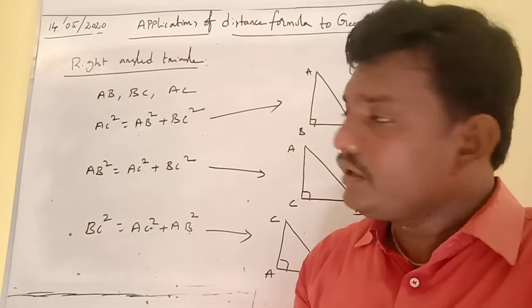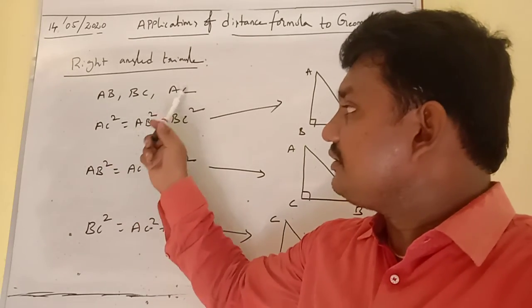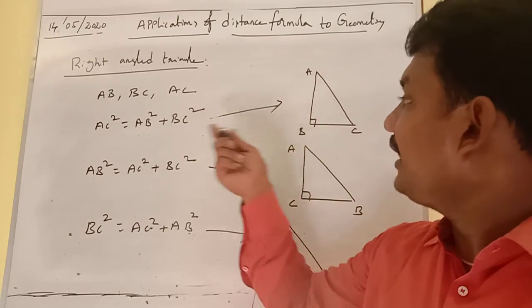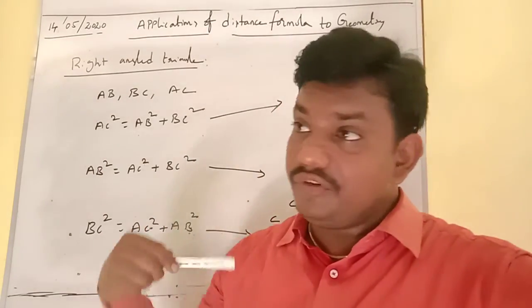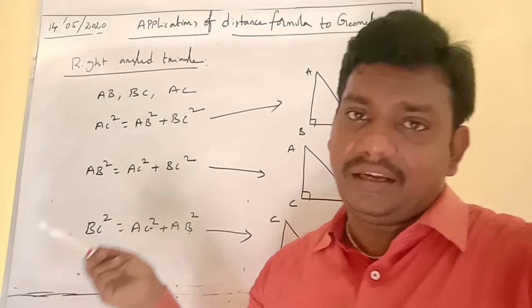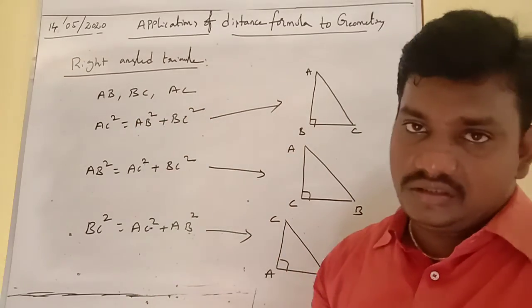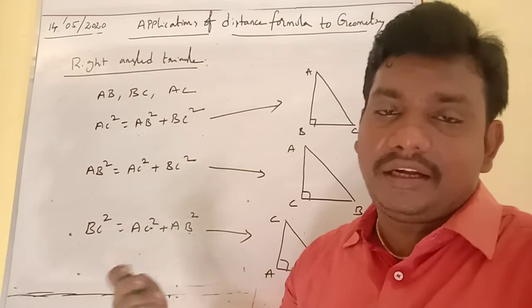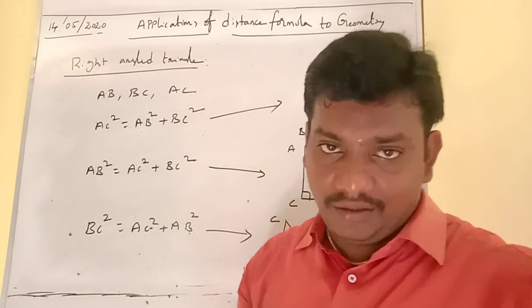We check whether AC square is equal to AB square plus BC square. Then AC is the hypotenuse and angle B is the right angle. Based on the distance formula, we can estimate which angle is the right angle in a given right angled triangle.